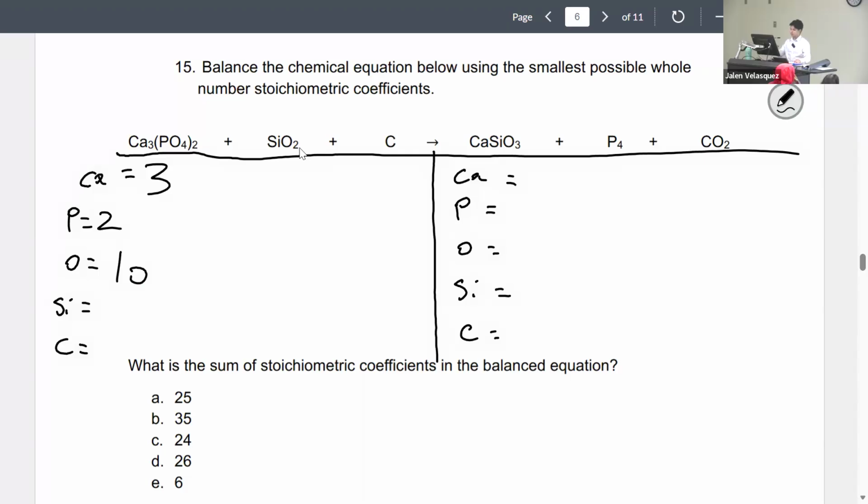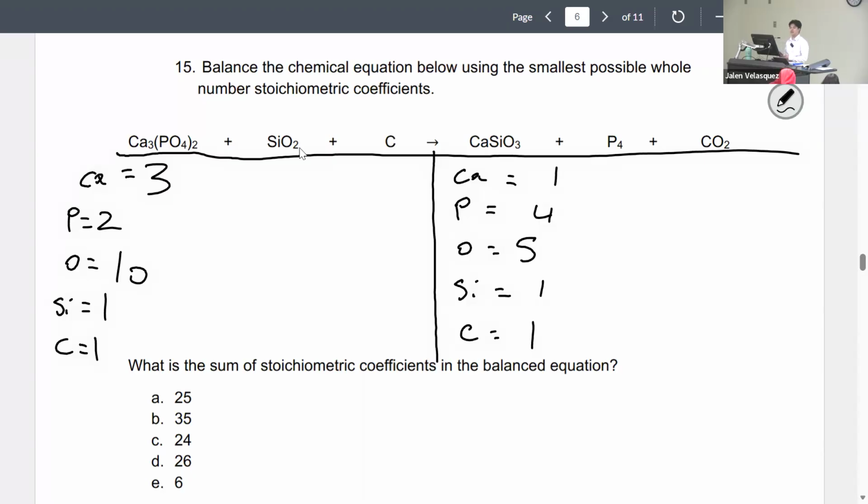We have 1 silicon and we have 1 carbon. Right? On the product side, we have 1 calcium, 4 phosphorus, 5 oxygen, 1 silicon, and 1 carbon.